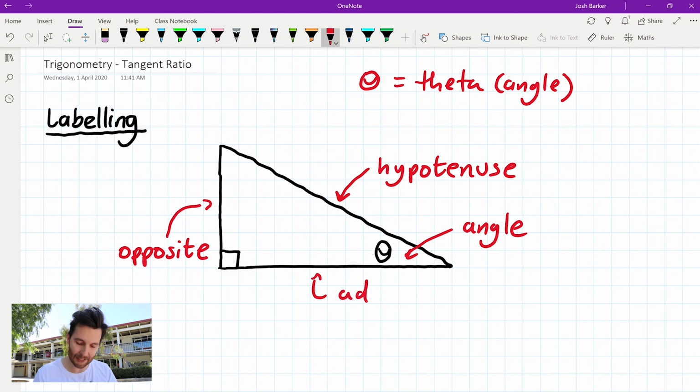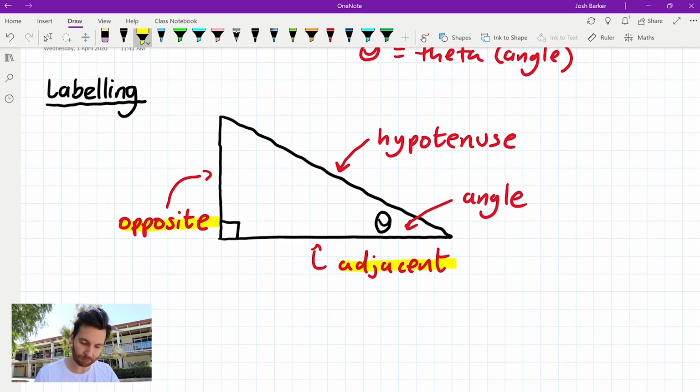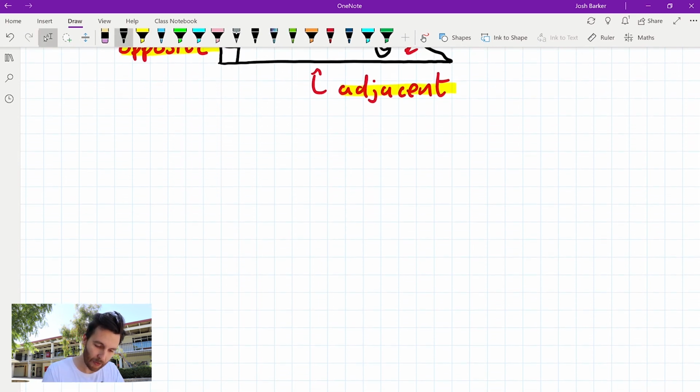It's the side that's next to the given angle. Okay, so don't forget those two, I'll highlight them. The opposite and the adjacent, we name those according to where the given angle is, or the angle that we're looking for. Okay, so with that out of the way, we can give ourselves the subheading tangent ratio.